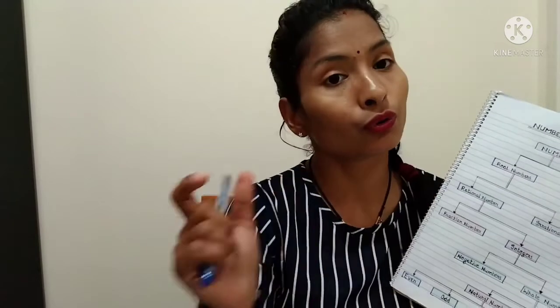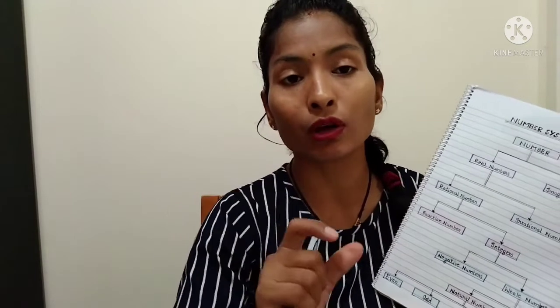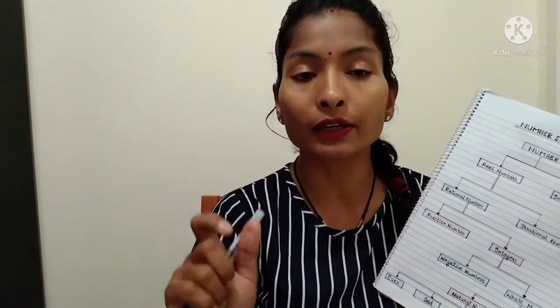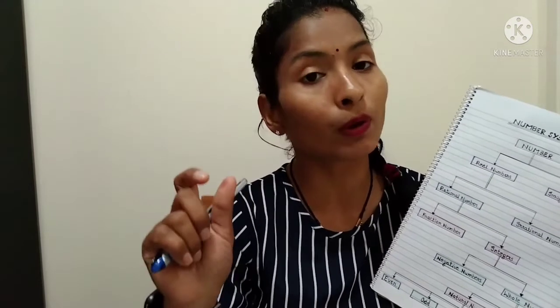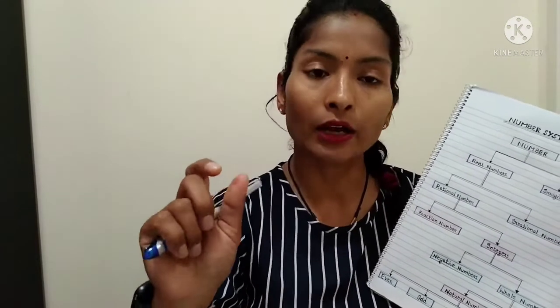Is every square root number an irrational number? No. Here root 4. Root 4 is the perfect square of 2, so when we solve it, we get 2. And we can write 2 as 2 upon 1, and 2 upon 1 is a rational number. Similarly, root 9. Root 9 is the perfect square of 3. So we get 3 and we write 3 as 3 upon 1, so 3 upon 1 is a rational number.